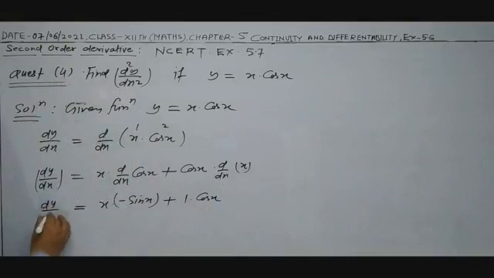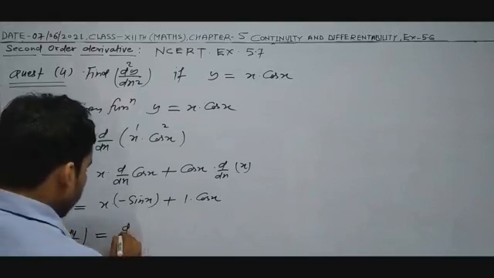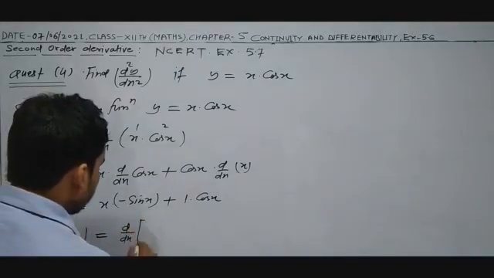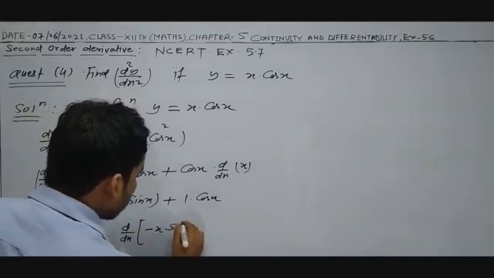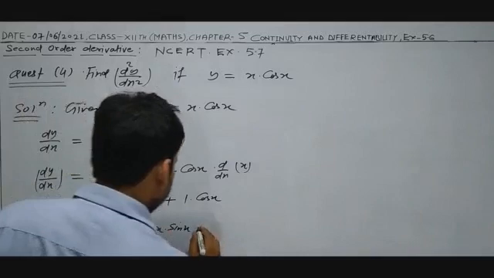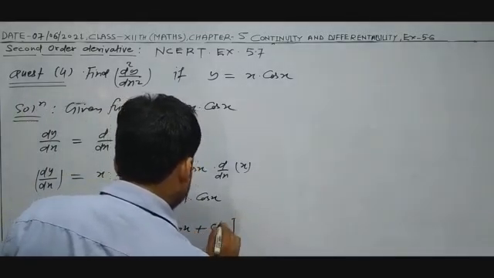So this is the value of dy by dx. So again differentiate, d by dx of dy by dx. What will be the result? Its result will be d by dx of minus x sin x plus cos x.